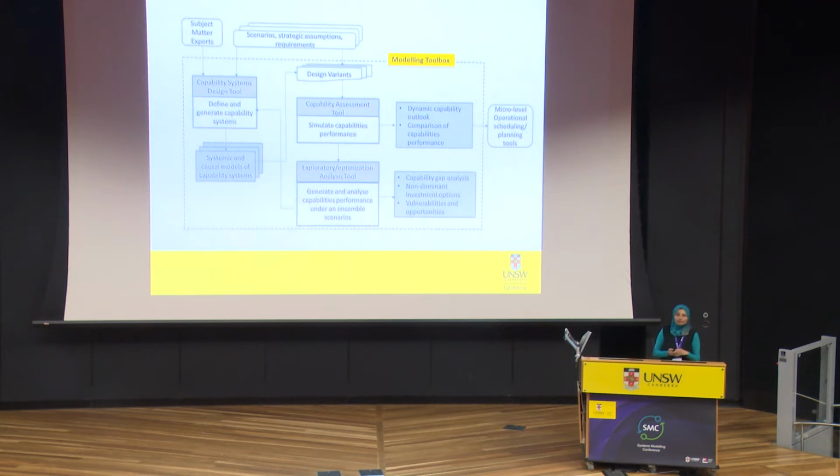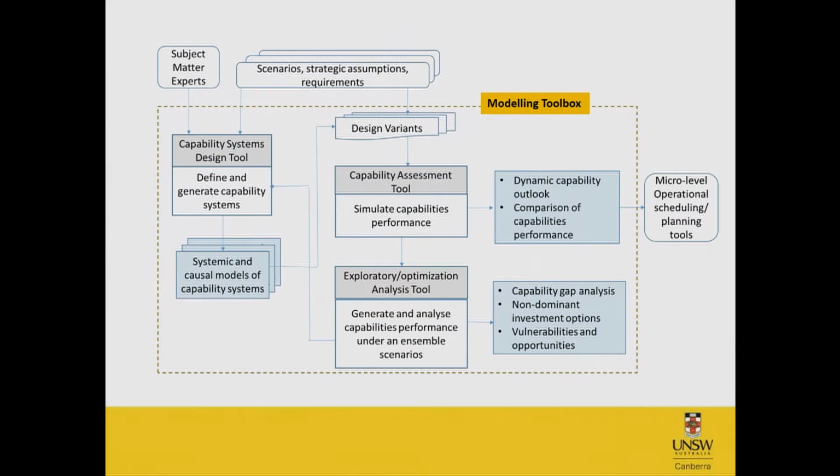This is an overview of the modeling toolbox and how it sits within the existing analytical and planning tools in the organization. There are three pillars for the toolbox. There is the mapping tool, or the capability system design tool. The purpose of this tool is really to protect the user from having to understand everything about the inner workings of the model.